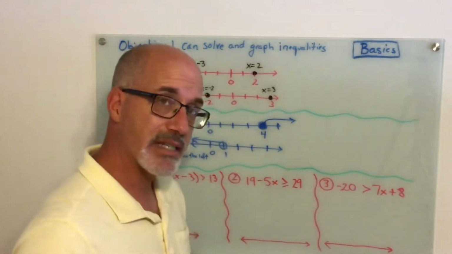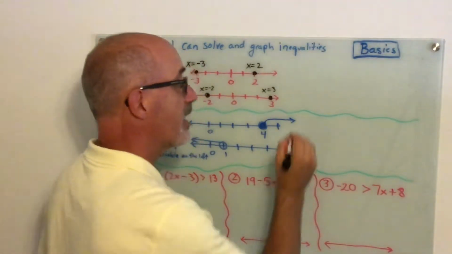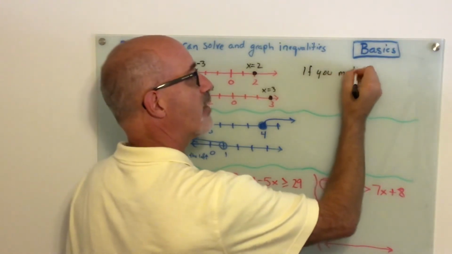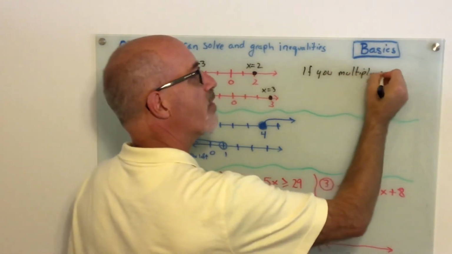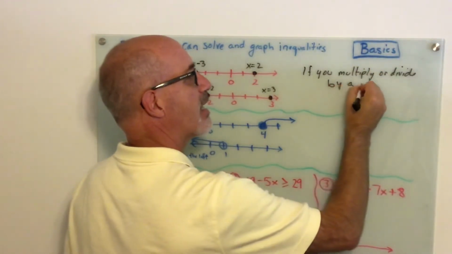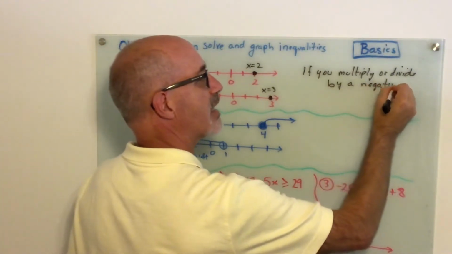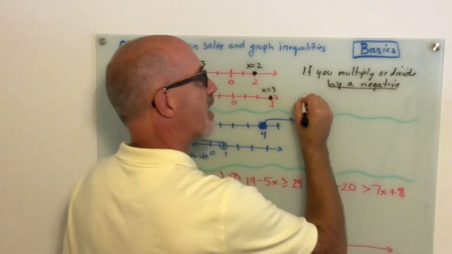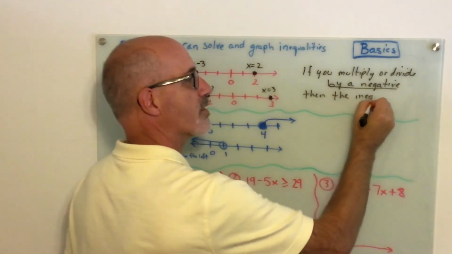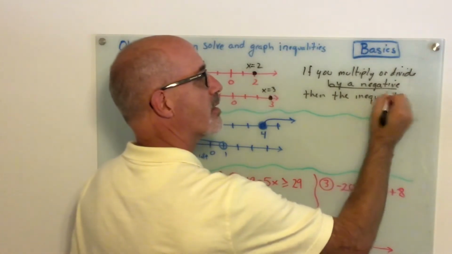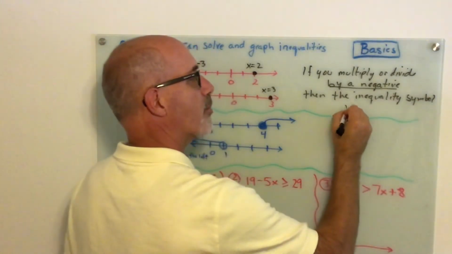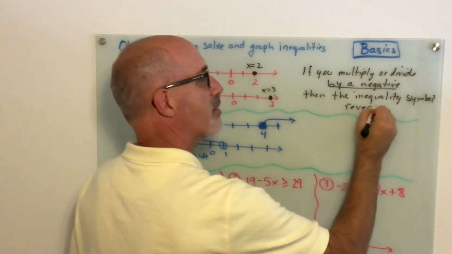So one of the basics that you need to know about inequalities is if you multiply or divide, either one, by a negative, that's the critical part, then the inequality symbol reverses. So if it was a less than, it becomes a greater than.